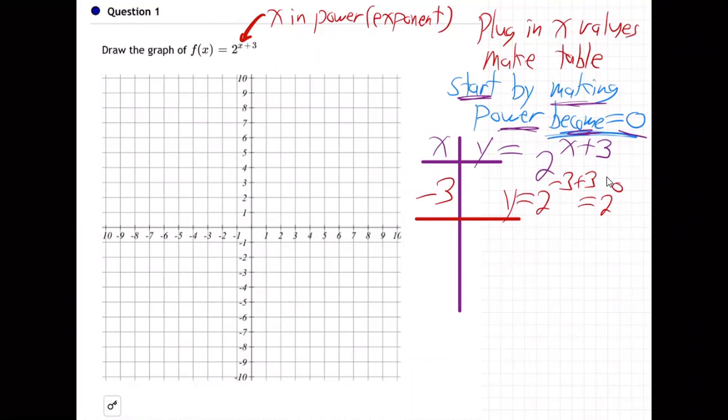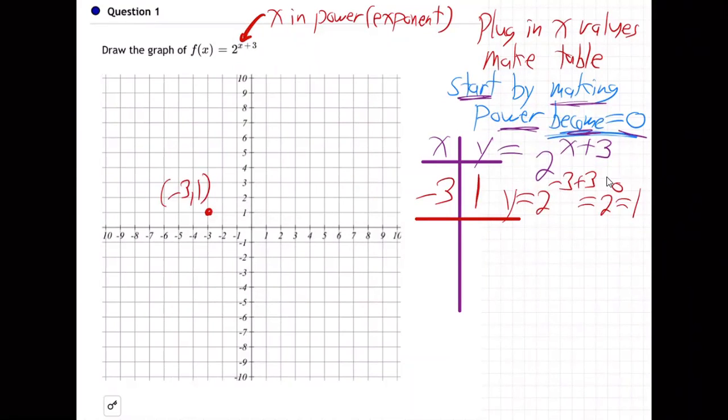And do you remember that anything to the 0 power equals 1? So that gives me a point, back 3, up 1 on the graph.